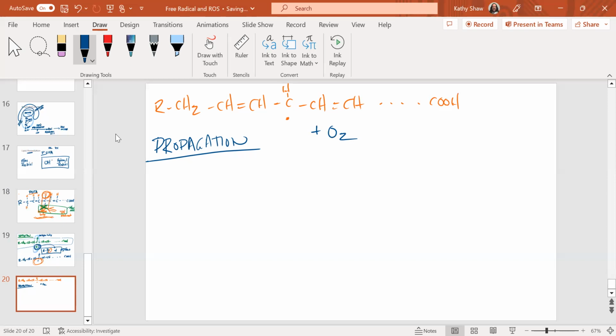This is going to make our peroxyl radical. So our lipid radical now will have the oxygen on it. Still an unpaired electron.